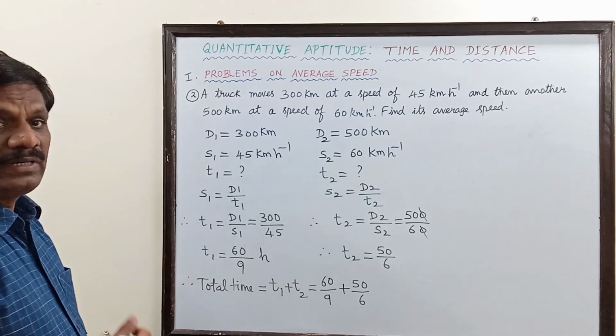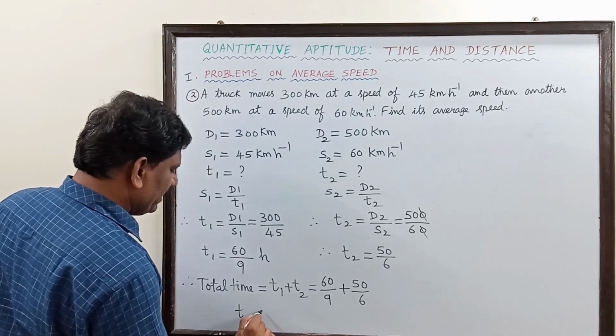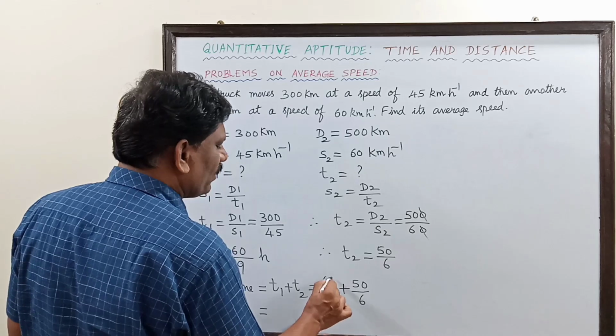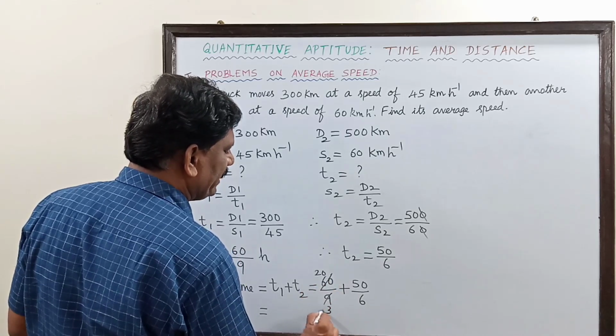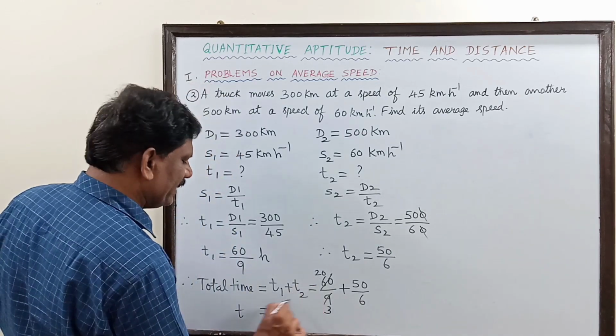So we have to take the LCM. Now total time T is equal to t1 plus t2. So 60 divided by 9, once again I can cut, 20 divided by 3. Okay, 20 divided by 3.